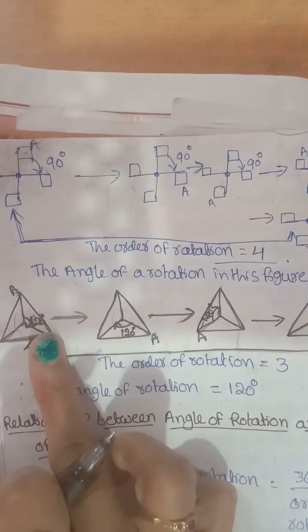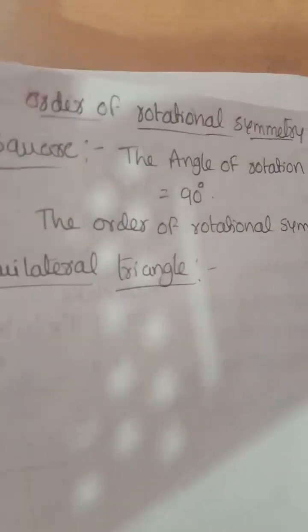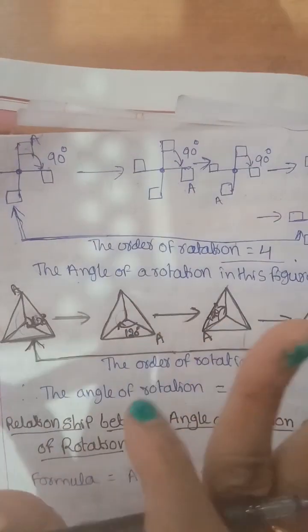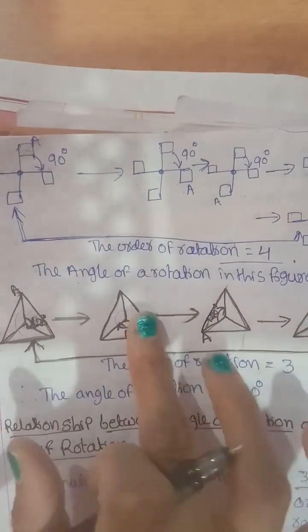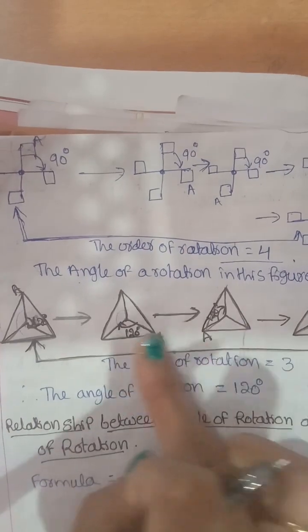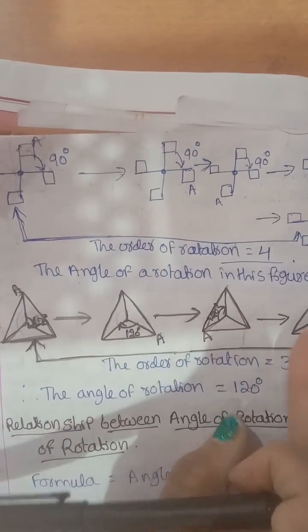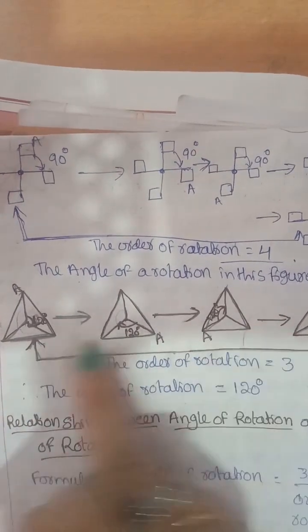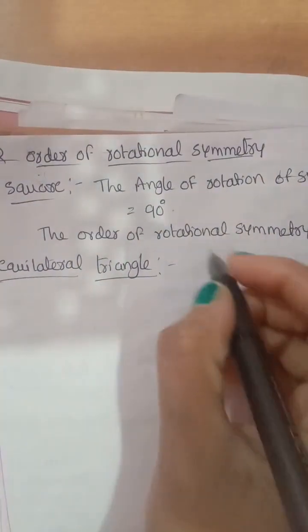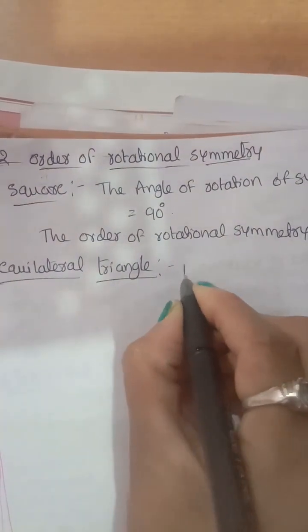If this figure is rotated by 120 degrees about its center for 3 times only, how many times? 3 times. 1, 2, 3 only, so we will get the same position. 3 times we will get the same position as the initial position.